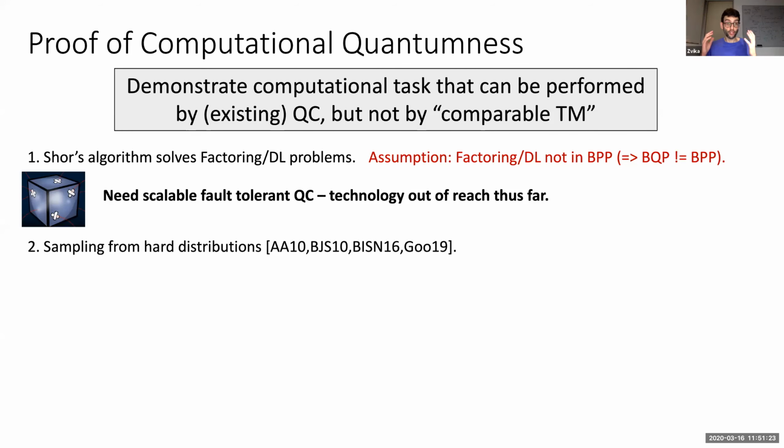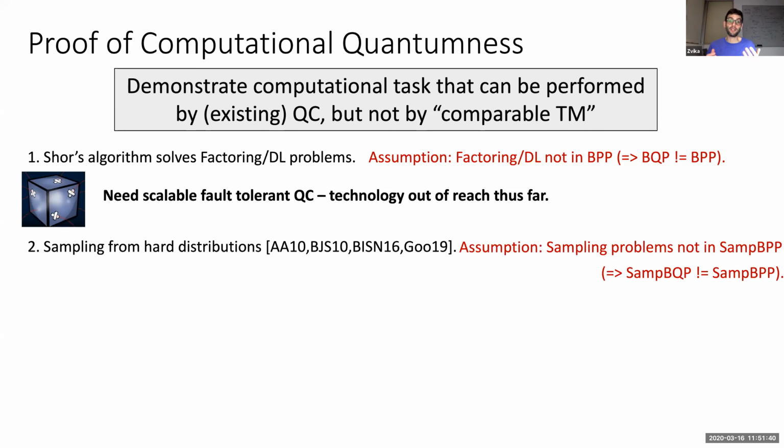The other approach, which actually works, is more tailored to the quantum devices that are currently already constructed. The idea here is to use the existing quantum device to sample from a distribution which is hard to sample from using a classical device. Again, this is under a complexity assumption that this particular distribution that these quantum devices sample from cannot be sampled from using just classical randomized algorithms.